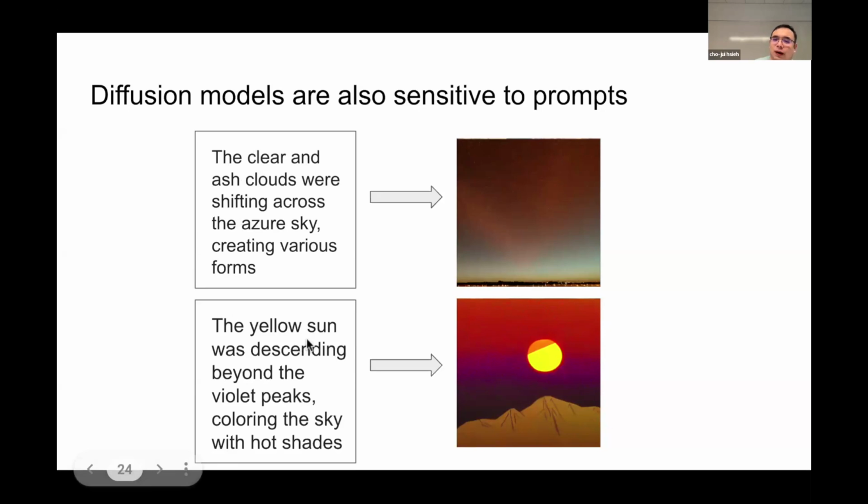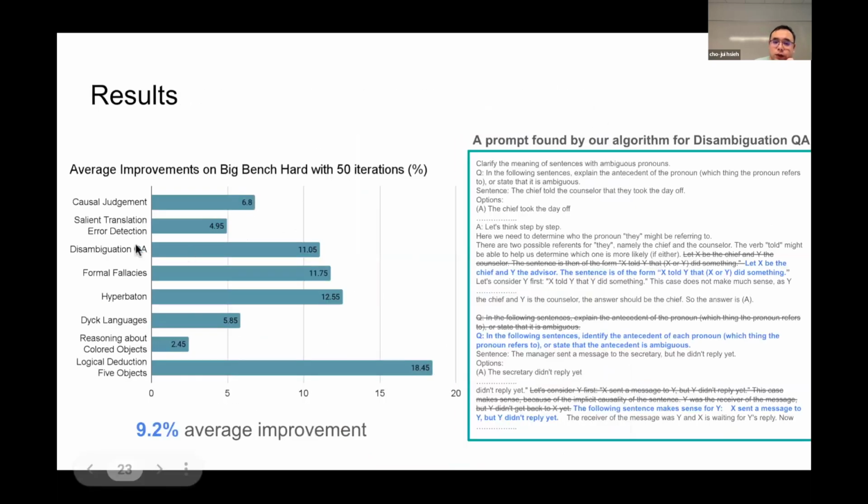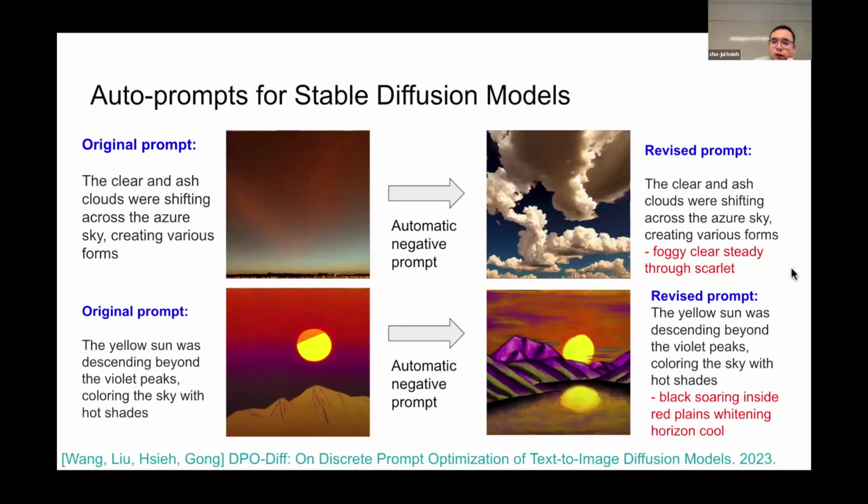There are many failing cases for diffusion models, and we found they can be partially resolved by writing a better prompt. For example, in work from two years ago, if you use a similar search algorithm to add some keywords into the input prompt, we can improve the performance by quite a lot.